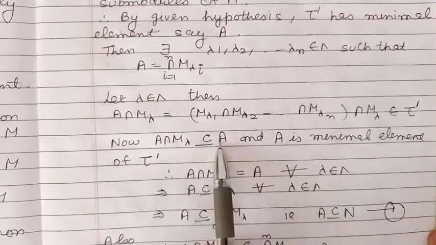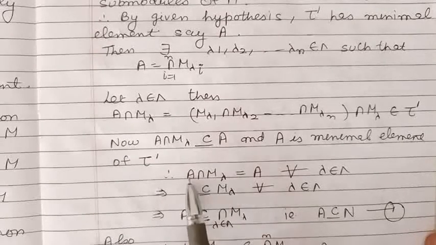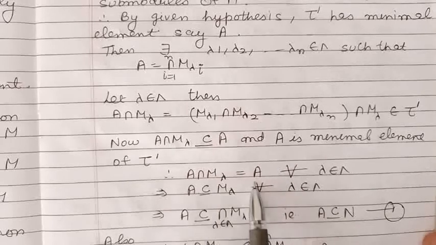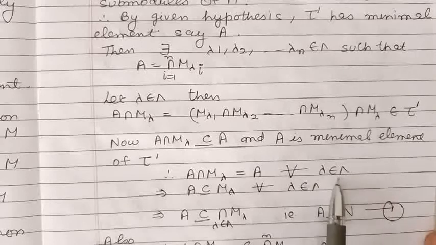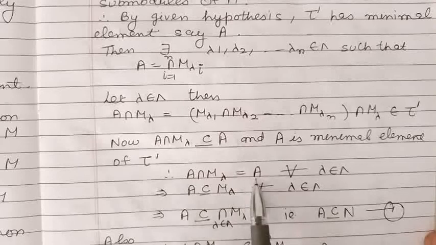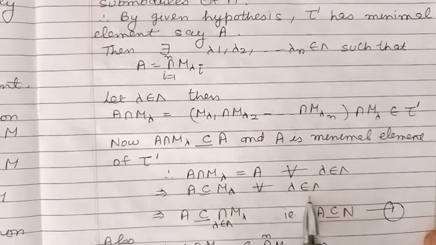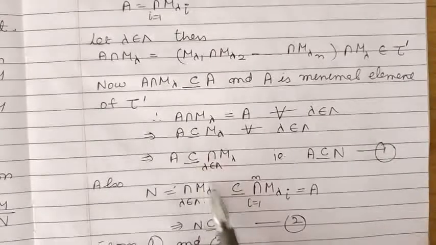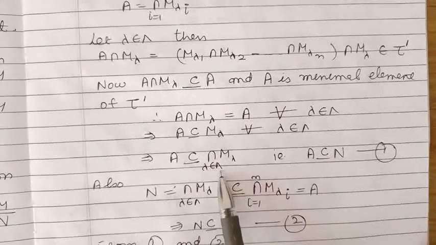So by definition of minimal, we can say that A intersection M lambda will be the same as A. And this is true for every lambda belonging to the index set. And if the intersection of A with M lambda is A, then A must be contained in M lambda. And because this is true for every lambda belonging to the index set, A will be contained in the intersection of M lambdas, where lambda belongs to the index set.